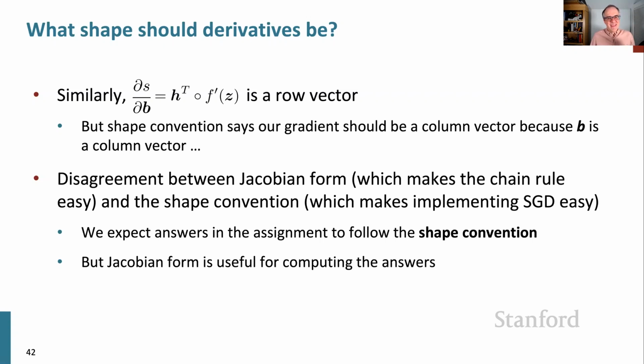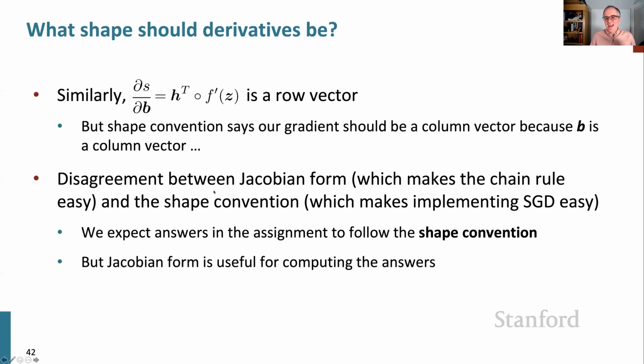So they're different shapes, and you have to transpose one to get the other. And so effectively what we have is a disagreement. The Jacobian form makes sense for calculus and math, because if you want matrix calculus to be just like single variable calculus, apart from using vectors and matrices, you can just multiply together the partials. That only works out if you're using Jacobians.